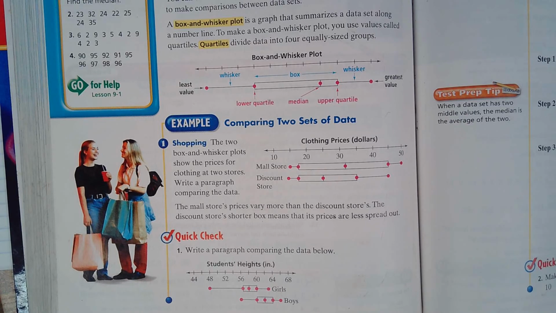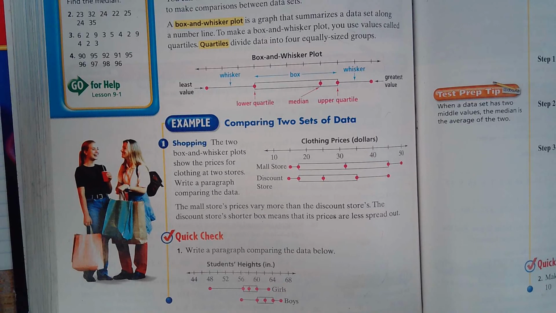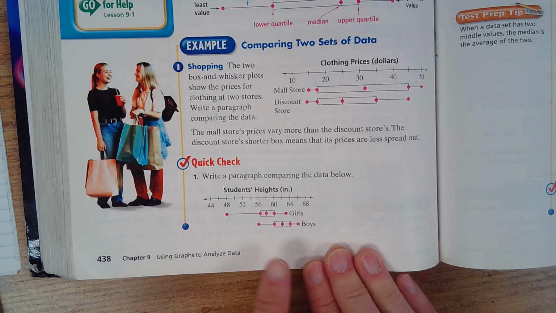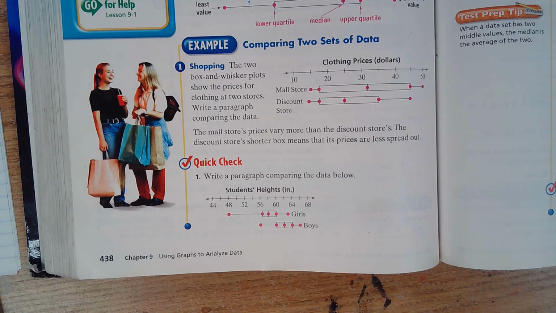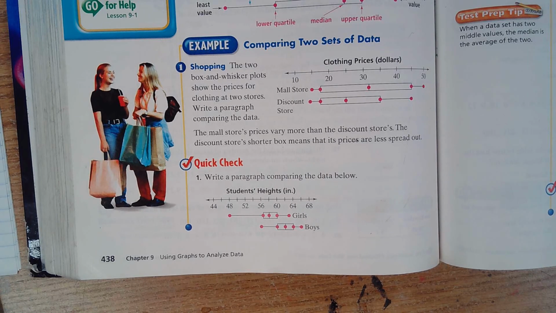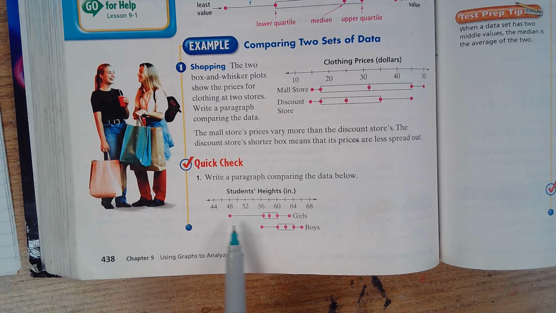So we could look at this other graph down here. We have students' heights of girls and heights of boys. So what could we say about the heights of girls and the heights of boys? Well, one thing you might say is that the range of heights for the girls is much larger than the range of heights for boys, because their high and low values are so far apart, and the boys are much closer together.